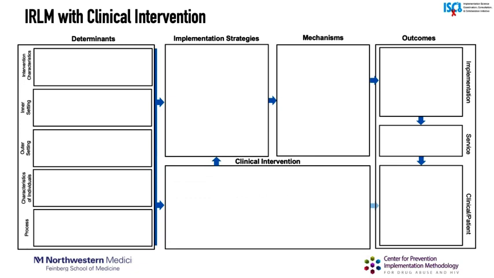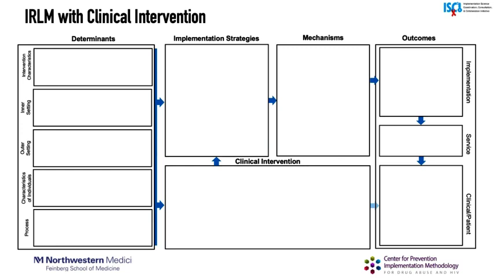logically, is that the clinical intervention is selected in part because of the determinants within the context that it's going to be delivered. So depending on what kinds of barriers and facilitators, what kinds of patient needs, et cetera, a particular clinical intervention would be selected. The context and the clinical intervention then dictate which implementation strategies will need to be used to successfully get that implemented in that specific context, which is why there are two arrows leading to the implementation strategies.